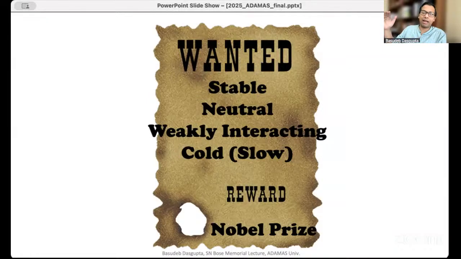It has to basically have a lifetime that's larger than the age of the universe. It has to be basically neutral. It can't couple to electromagnetism in any appreciable way. It needs to be weakly interacting with other particles like protons and neutrons and so on. And it needs to be non-relativistic, which is called cold or slow in cosmological terminology.